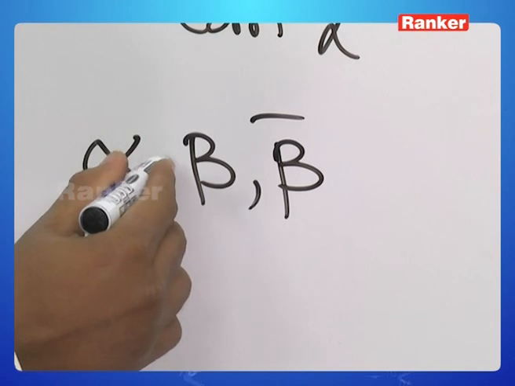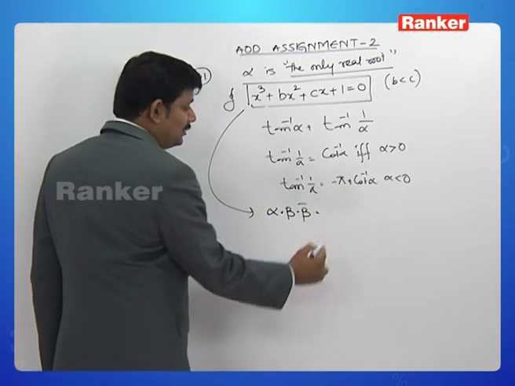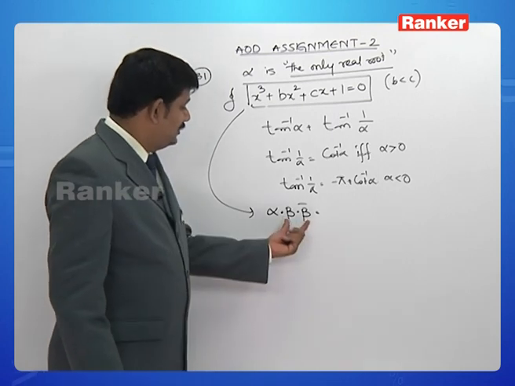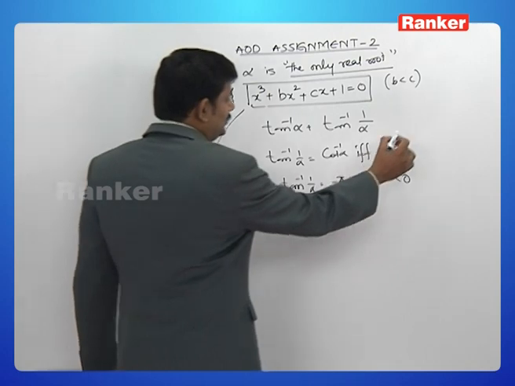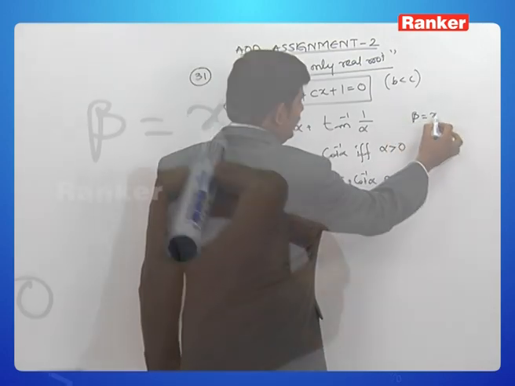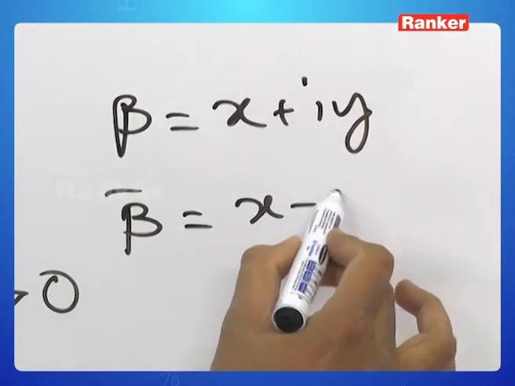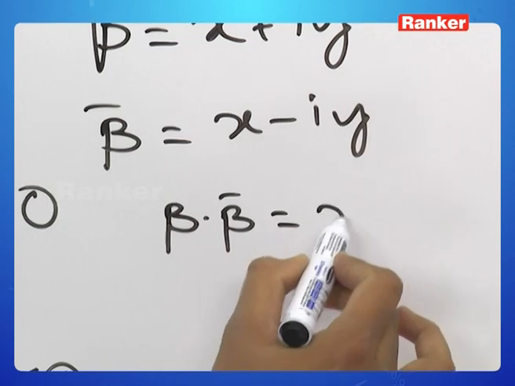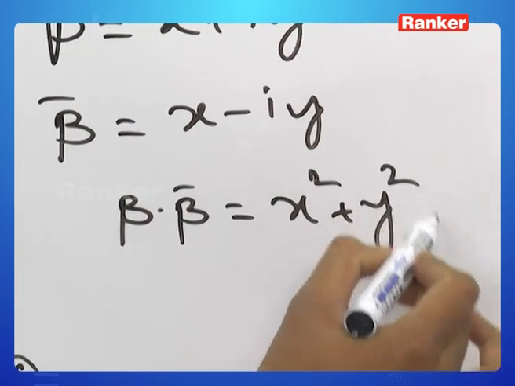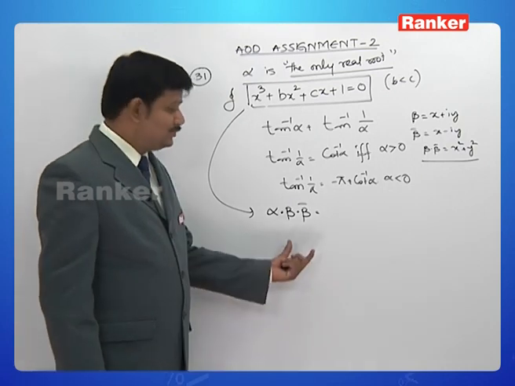Observe the product of the roots, alpha into beta into beta bar. For any complex number beta, if it is x plus iy, beta bar would be x minus iy, and beta into beta bar is x square plus y square, mod beta square, which will always be greater than or equal to 0.